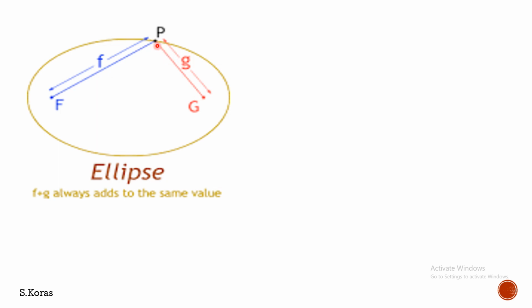In such a way, if we move this point, so this point is moving according to the condition, FP plus PG is equal to 5 or some particular value, it will trace this path, and this is called an ellipse. So you can see that animation too to understand it.